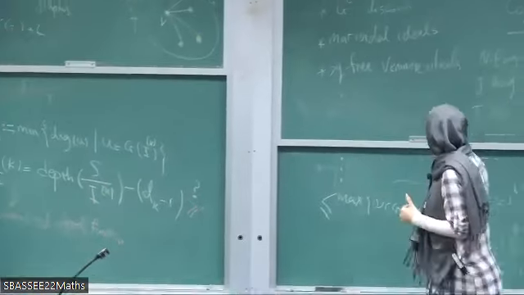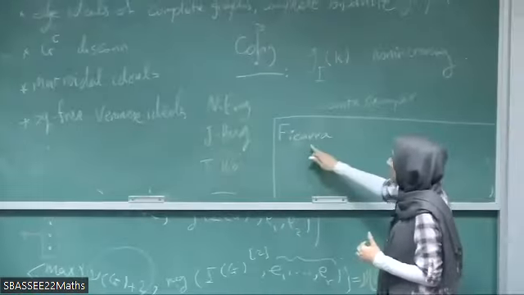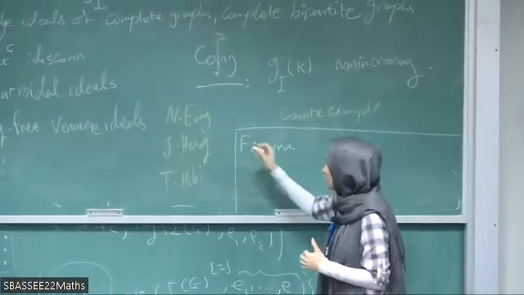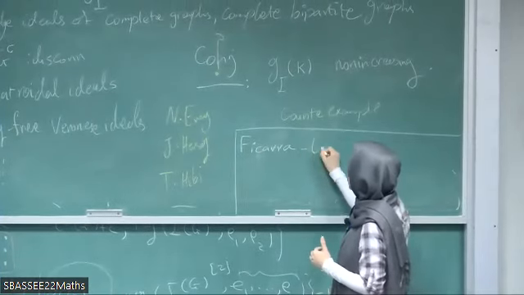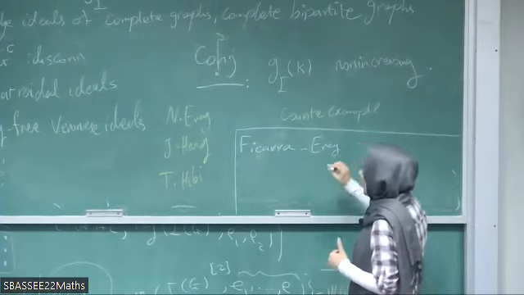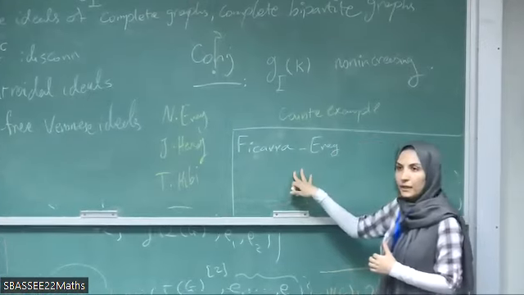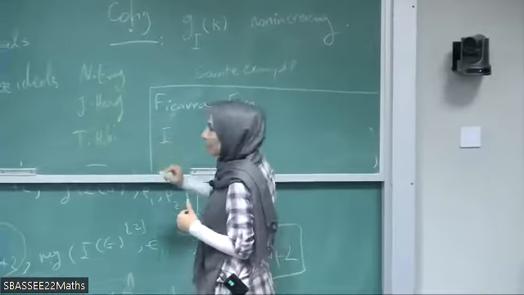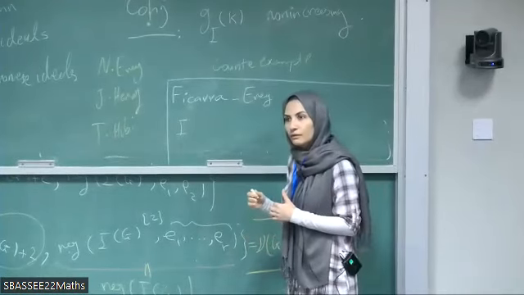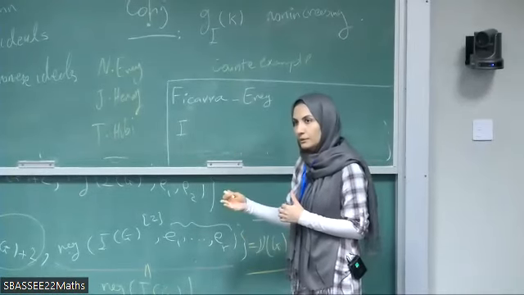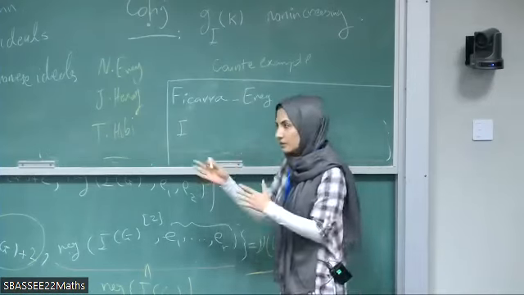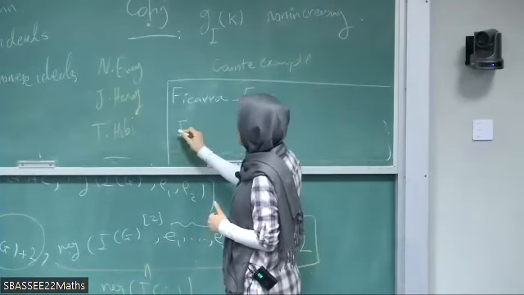A very recent paper by Ficara and another author starts with any monomial ideal. They don't call the power the square free power, but they call it matching, just to show that it is related to that one.